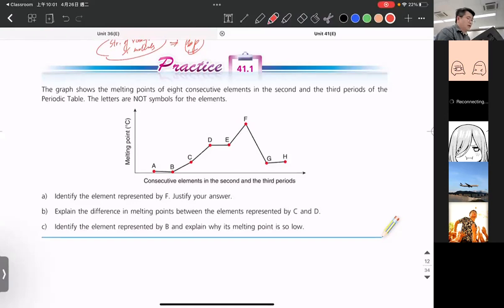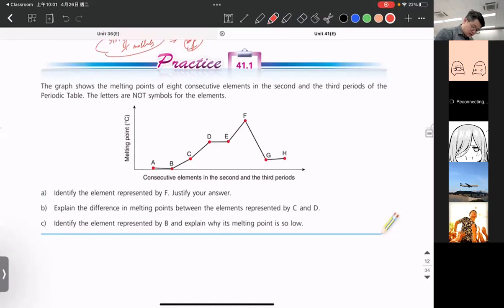Can you find out the cutoff to show period 2 and period 3? And what is that? Usually we have got the melting point being the highest. So usually which group does it in second and third period for all those?